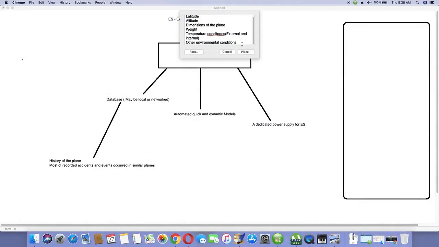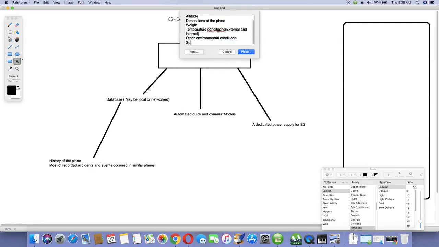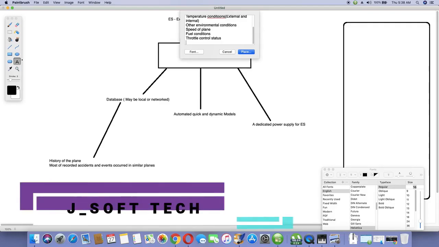With the aeroplane, the speed and those attributes, the speed of the plane should be there. So absolutely the fuel conditions, and throttle. I'll show you throttle control status, and what those are, and such kind of things.